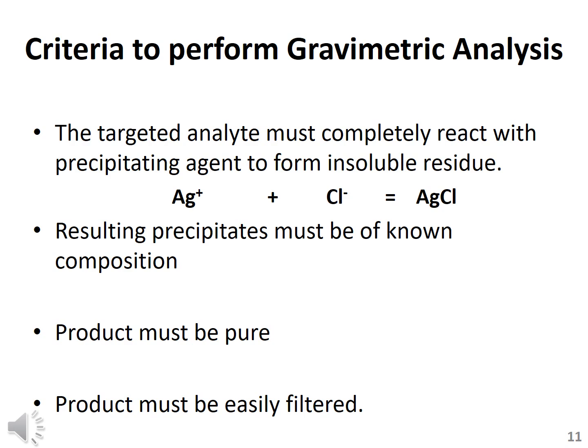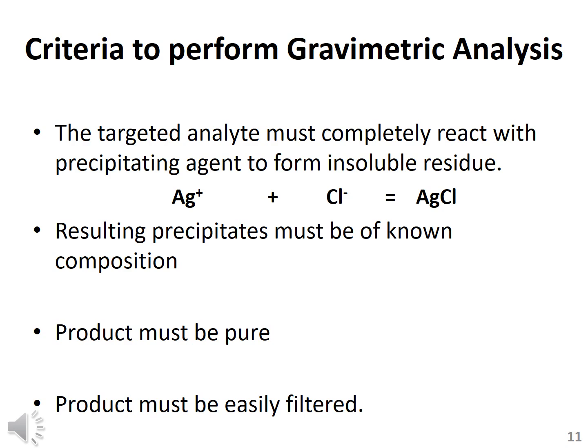So for example, if you are interested to carry out silver nitrate and the chloride anion solution, then that silver, from the silver nitrate, and that chloride, from the sodium chloride, will react and form silver chloride, and the silver chloride will appear as a white precipitate at the bottom of the container.